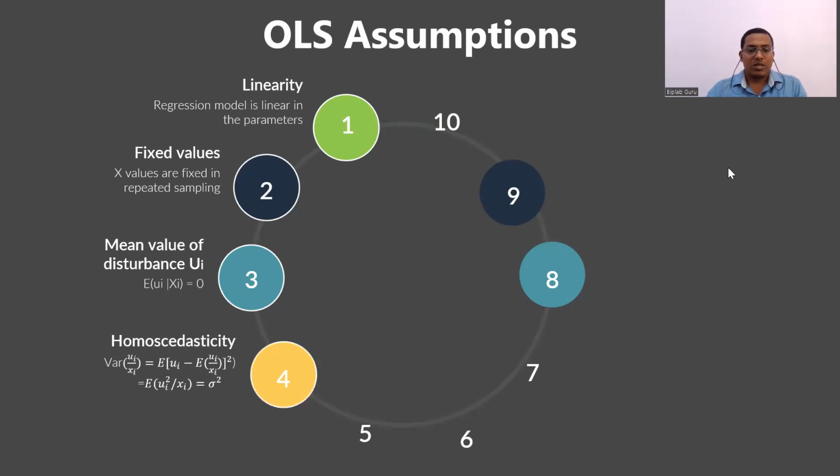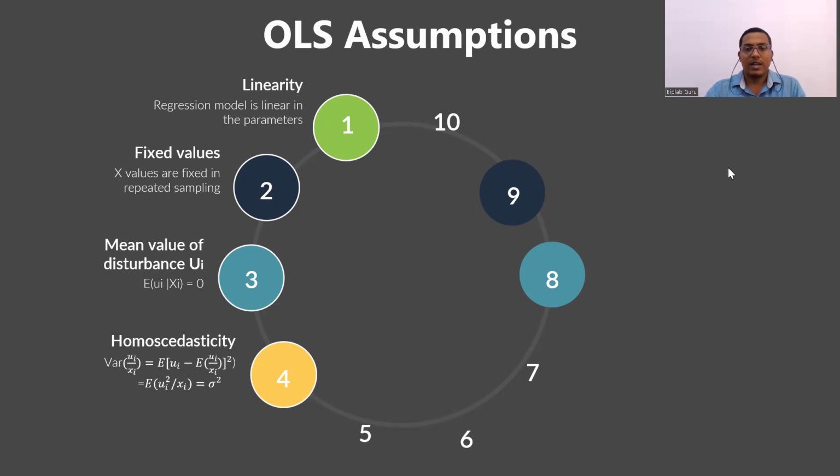The fourth assumption that we'll make, which is rather a very strict assumption, is homoscedasticity. When I say homoscedasticity, this is also the conditional variance of ui, the disturbance term, given the xi, where we say that this must be constant.